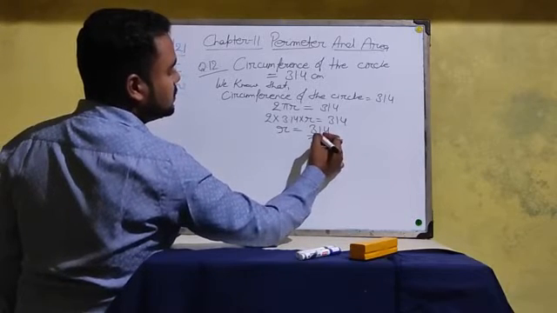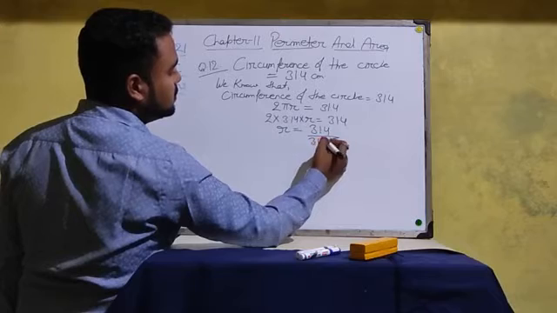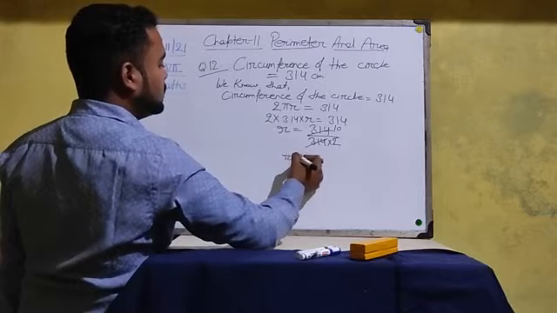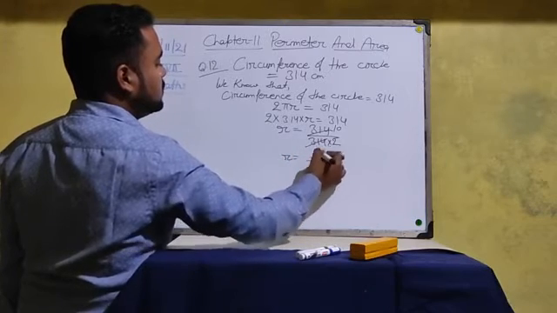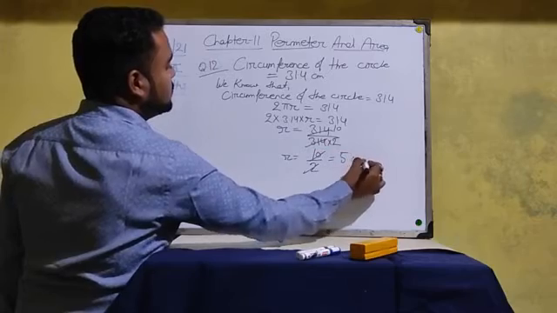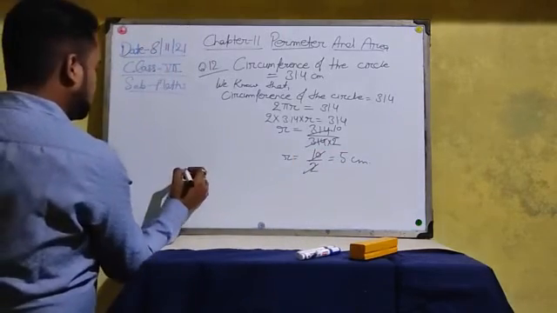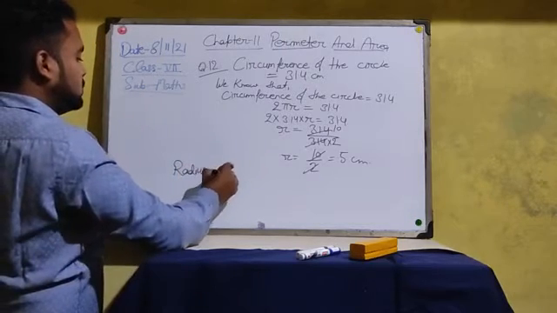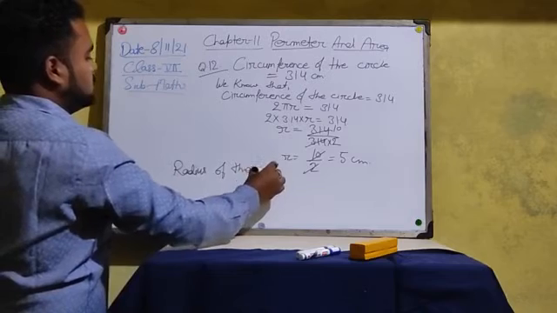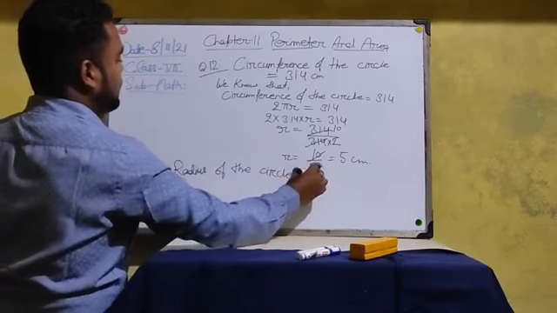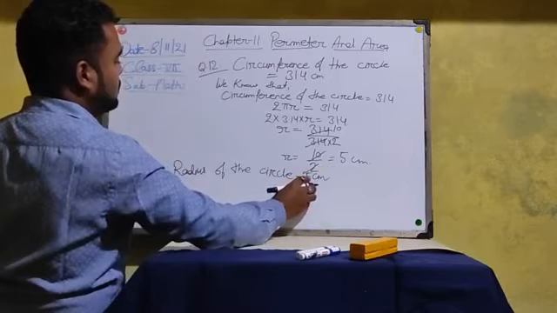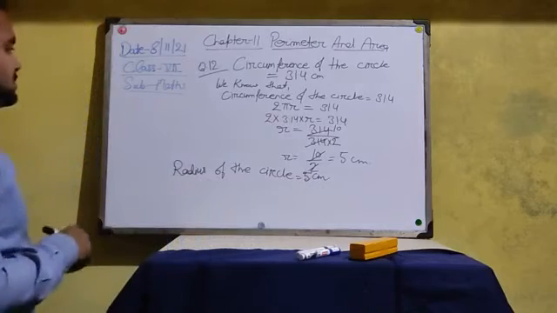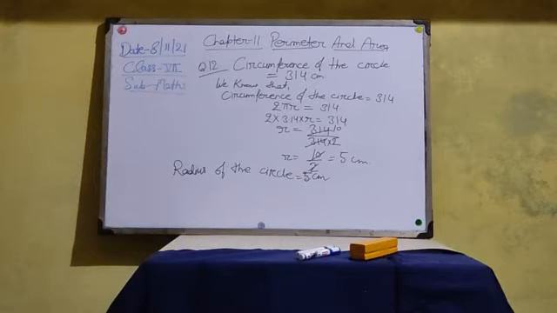Here when you cut it down, 31.4 by 3.14, you find 10. So r is equal to 10 upon 2, that is 5 centimeter. So radius of the circle is 5 centimeter. Note it down.